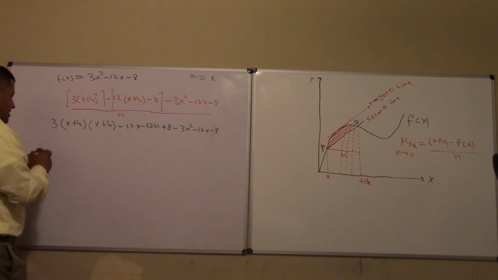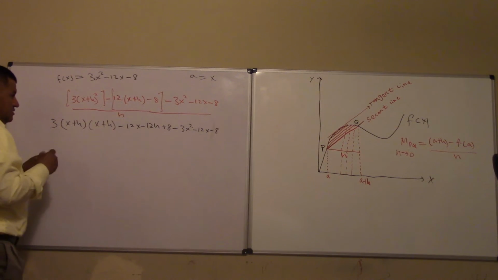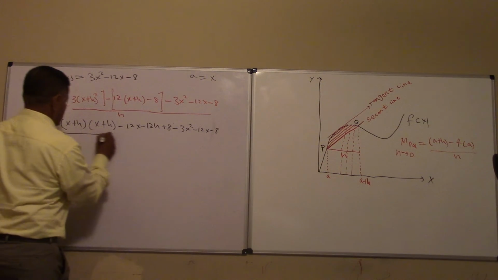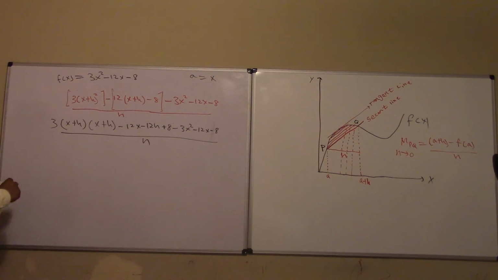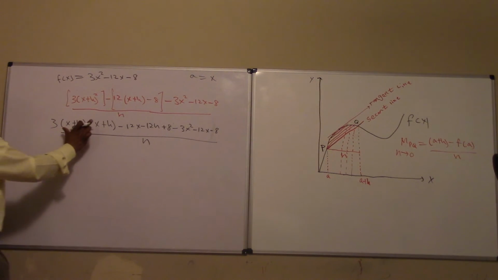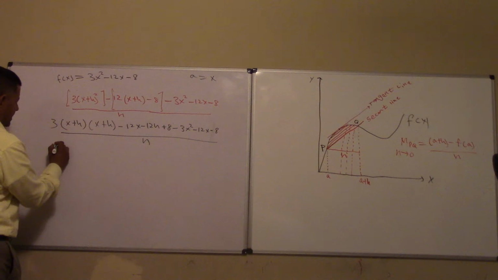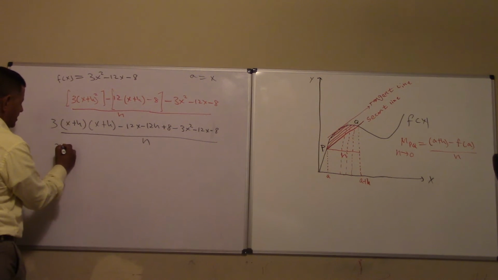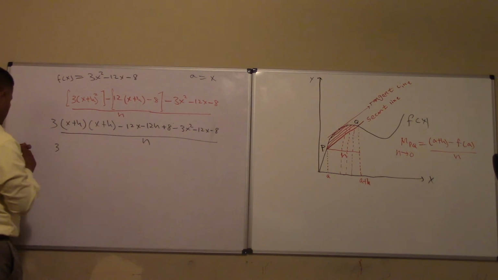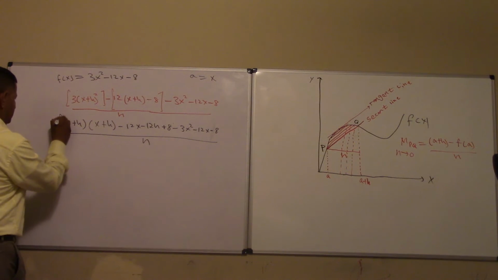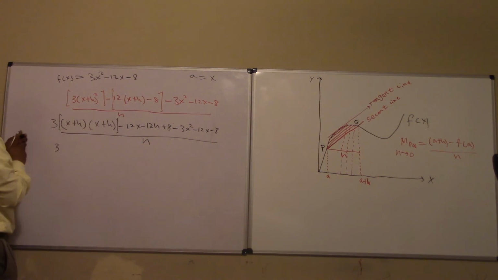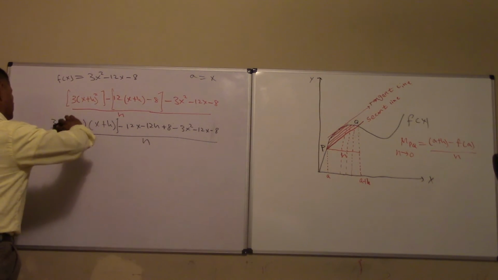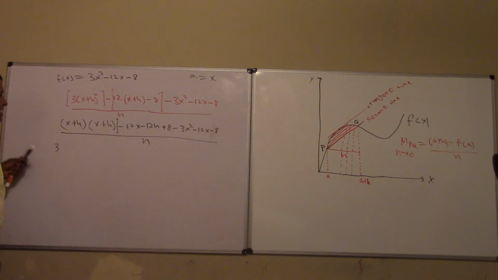Now, this here also goes over h. Now I'm going to distribute this part, and I get 3. Actually, you know what? Let me put that inside the bracket.